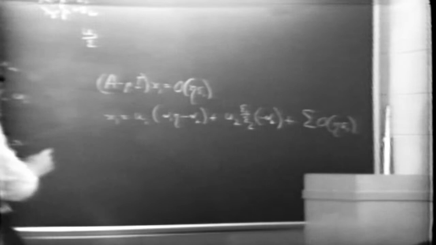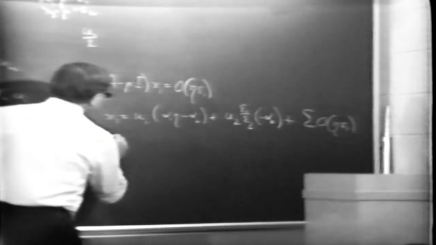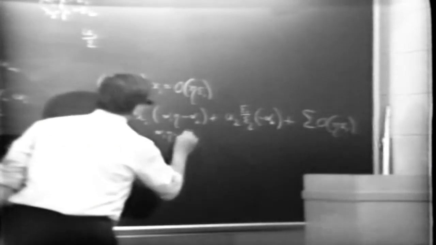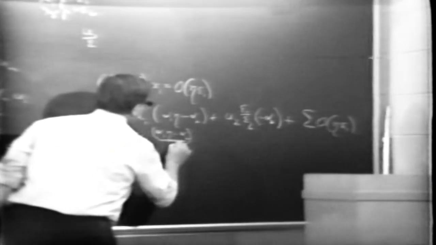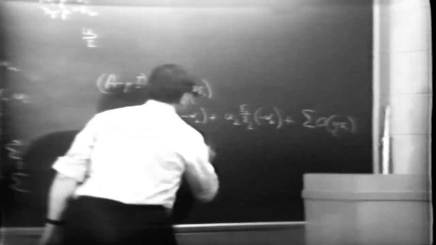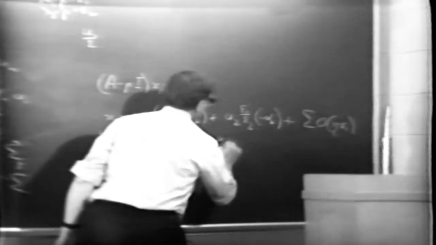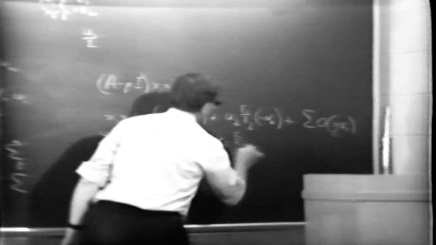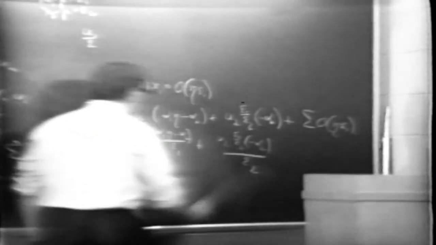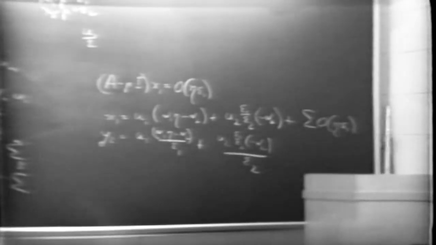Now we do the next step of iteration. We have y2 equals u1 alpha 1 eta minus epsilon 2 over epsilon 1 plus u2 epsilon 1 over epsilon 2 minus alpha 2 over epsilon 2. And what sort of growth takes place this time?